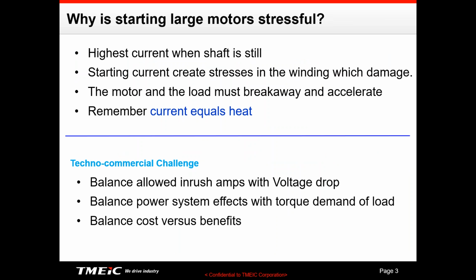You may have a big question there: why is starting large motors so stressful? The first thing is, when you start the motor from standstill, which is from zero speed, or you flip the switch to feed your electric motor, the motor essentially appears as a short circuit to the power system.